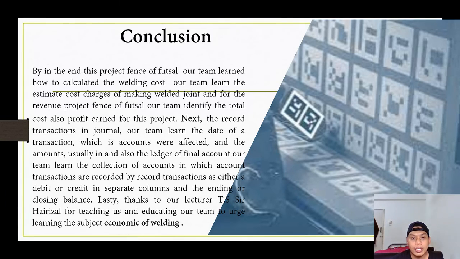Our team learned the date of a transaction, which account we affect, and the amount, and also the ledger of the account, the final account. Our team learned the collection of accounts, in which account transactions are recorded as either a debit or credit in separate columns, and the ending or closing balance.